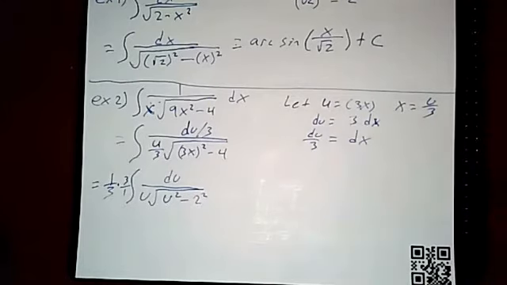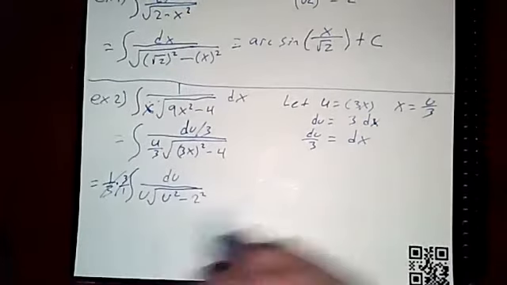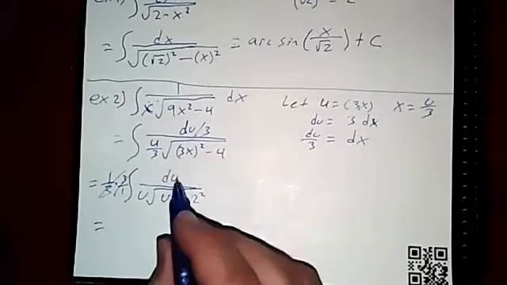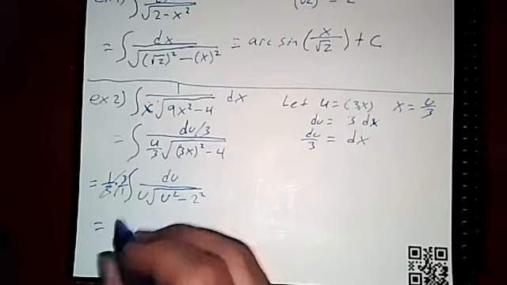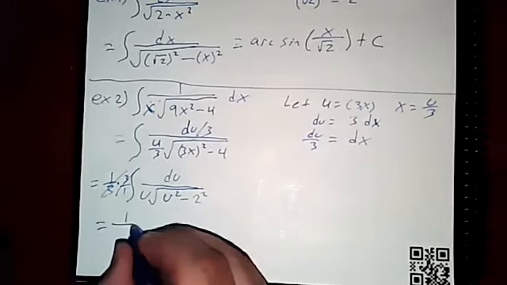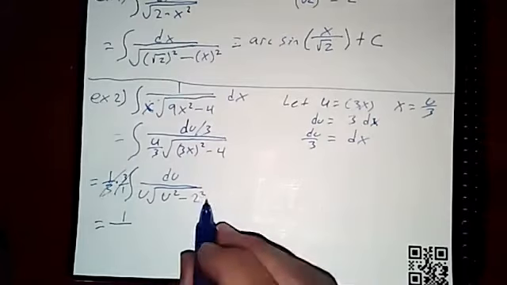But now that we're here, these 3's are gone, so who cares about that? This right here will be arc secant, right? 1 over a, which in our case, a is 2.